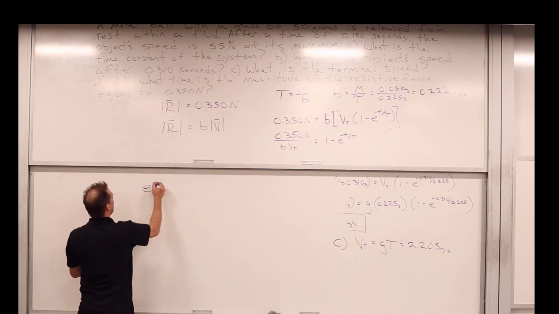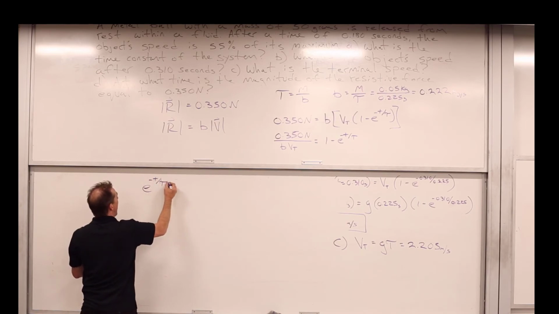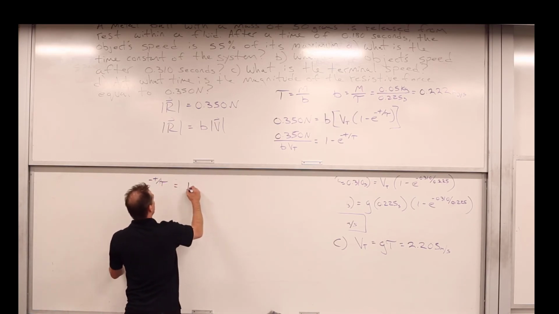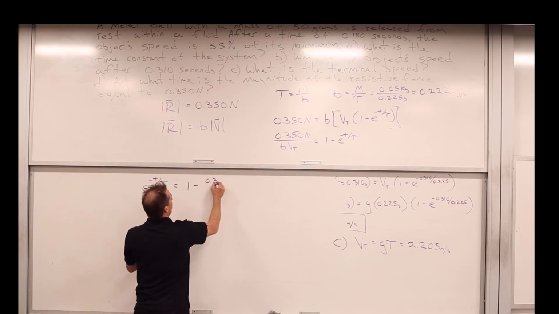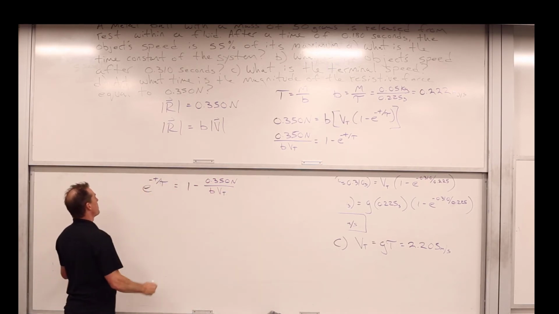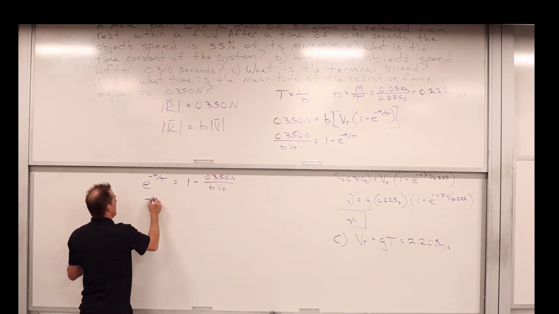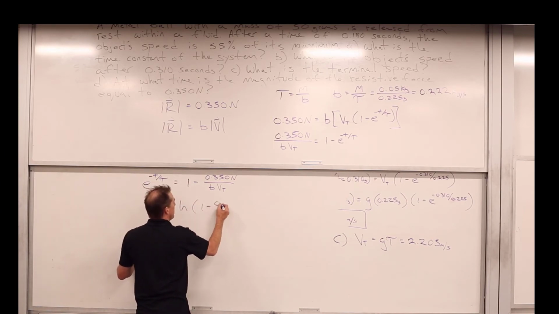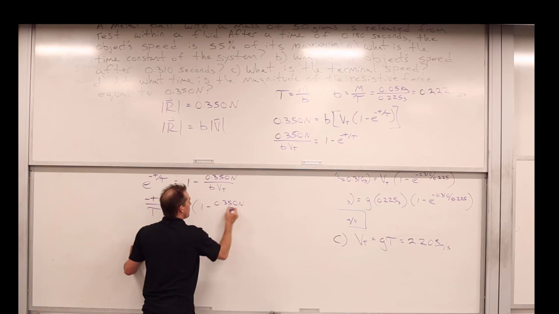We can write that e to the negative t over tau is equal to 1 minus 0.350 newtons divided by b times v sub t. Take the ln of both sides. We've got ourselves negative t over tau is equal to the ln of 1 minus 0.350 newtons divided by b times v sub t.